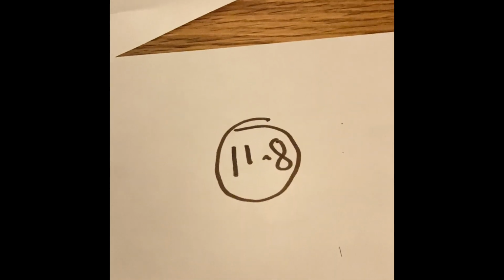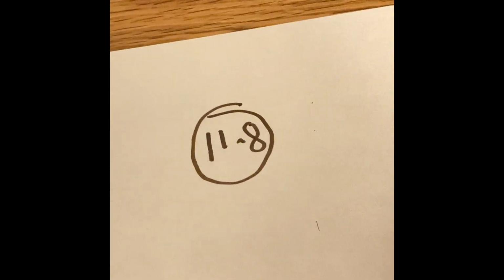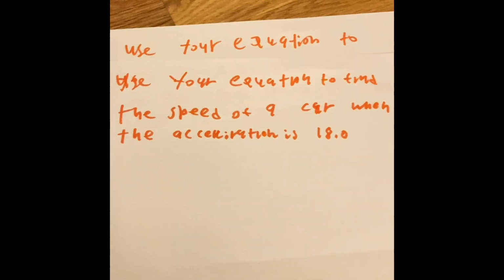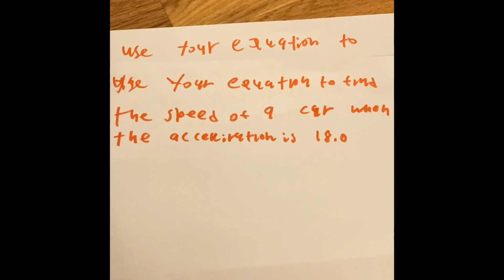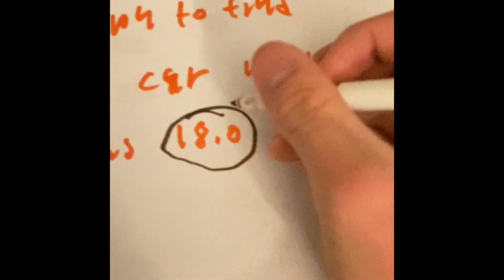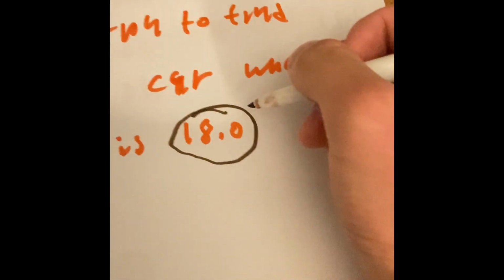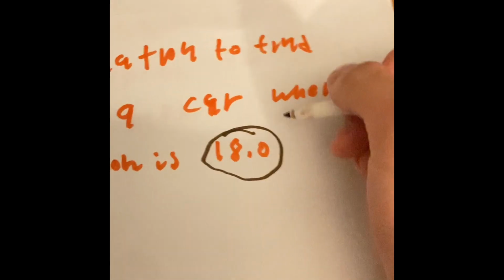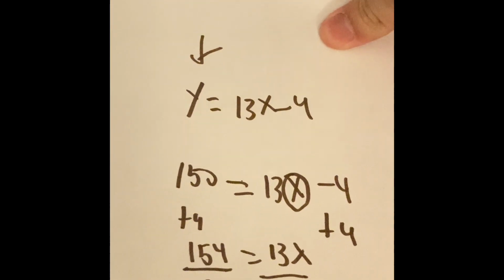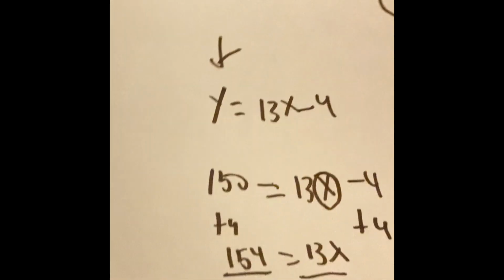But instead of trying to find the acceleration, it's the exact opposite. Use your equation to find the speed of a car when the acceleration is 18.0. This time, we're trying to find the speed of the car, so y is going to be our unknown variable.